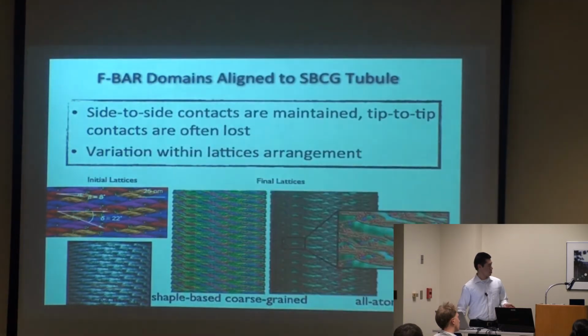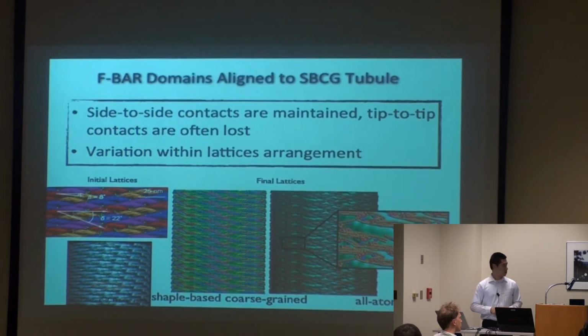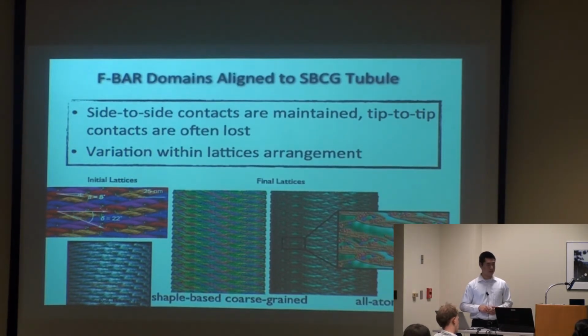If we compare this to the initial lattice, we find that the tip-to-tip contact is often lost because it is not strong enough, while side-to-side contact is maintained by the key residues via electrostatic interactions. This is consistent with experimental results. If we mutate these residues, the lattice will be gone.